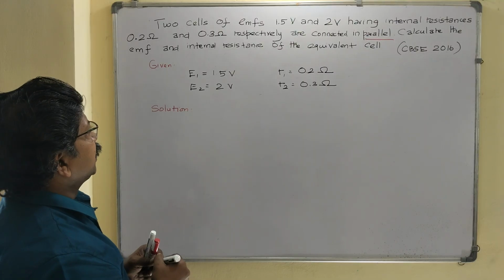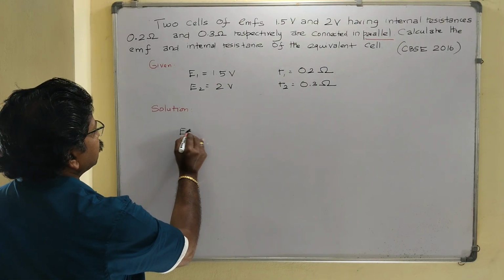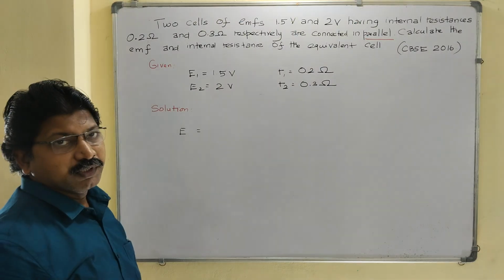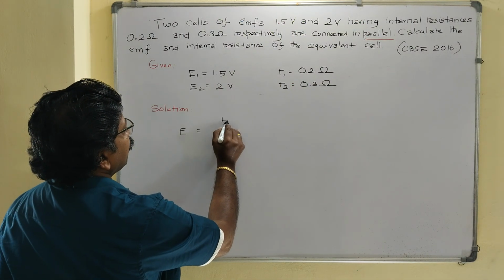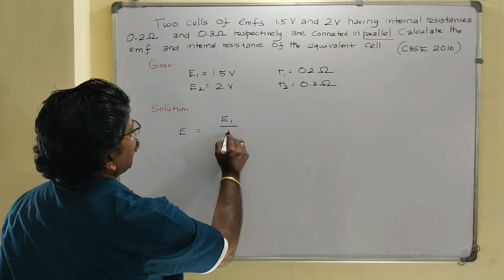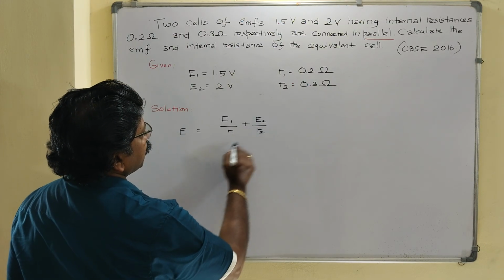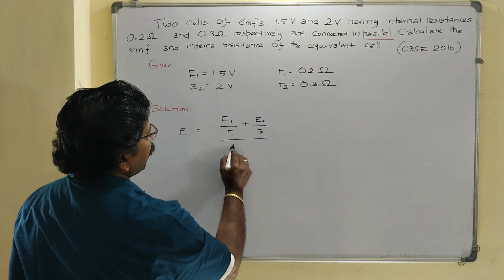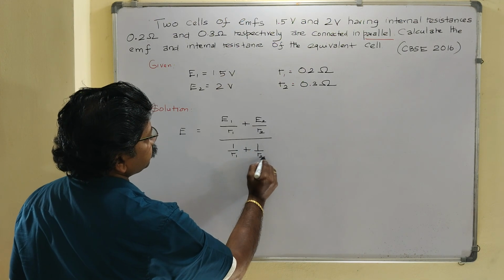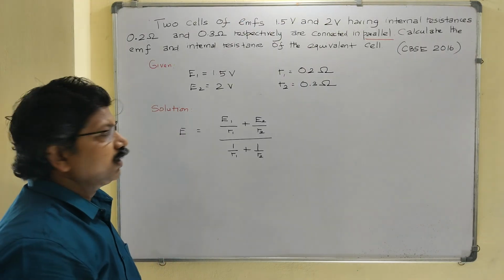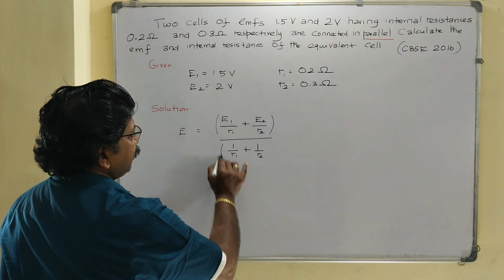EMF of equivalent cell E equal to E1 by R1 plus E2 by R2 divided by 1 by R1 plus 1 by R2. This is the formula for EMF of equivalent cell connected in parallel.